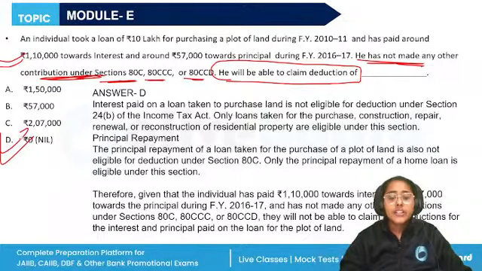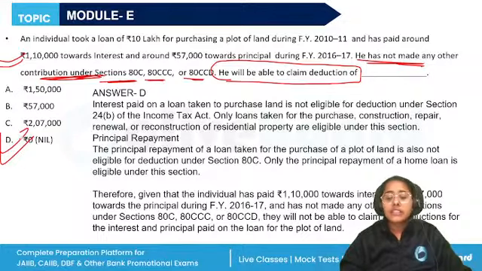All right. So interest paid on a loan taken to purchase a plot is not eligible for deduction under Section 24B. First point, only loans taken for the purchase, construction, repair, renewal, or reconstruction of a house are eligible. And the principal repayment on a loan taken for the purchase of a plot is also not eligible for deduction. Only the principal repayment of a home loan is eligible.